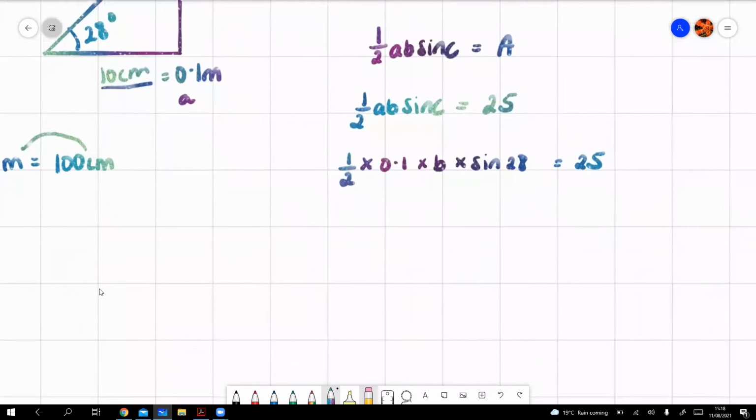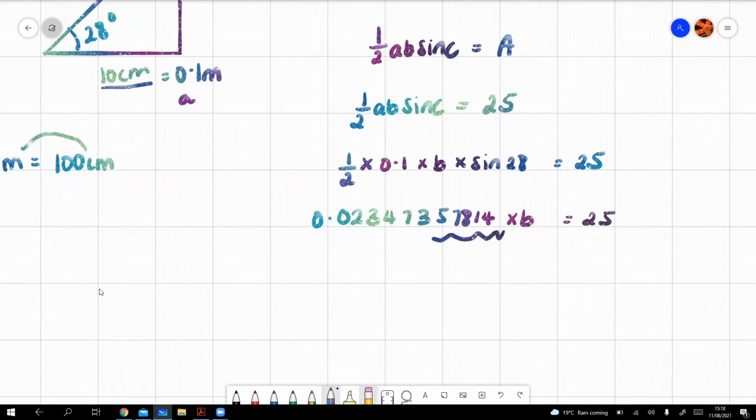Now again, I'm going to times this out. I'm going to do 0.5 times 0.1 times sine 28. Okay, and I end up with 0.02347357814 times B equals 25.